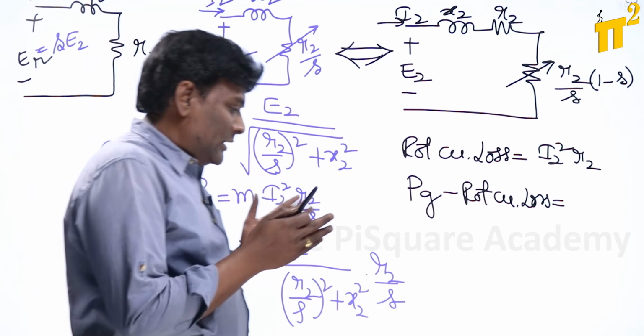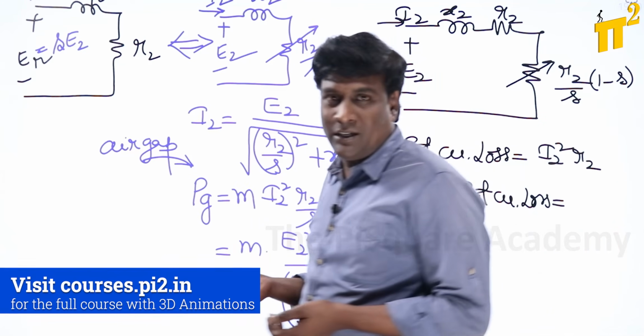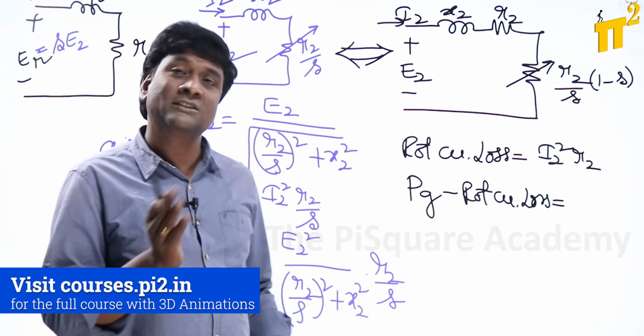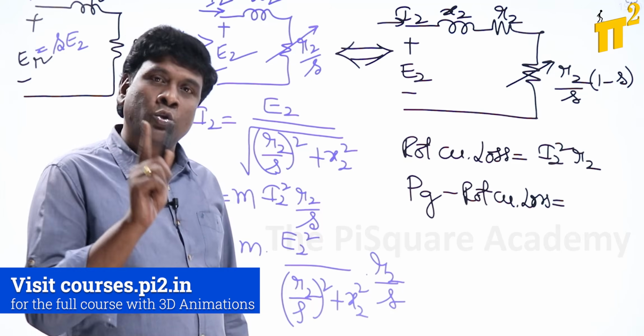Of course, when to deduct friction losses, core losses and copper loss, we will discuss later in efficiency or power flow calculations. But as of now, my concentration is the rotor circuit.